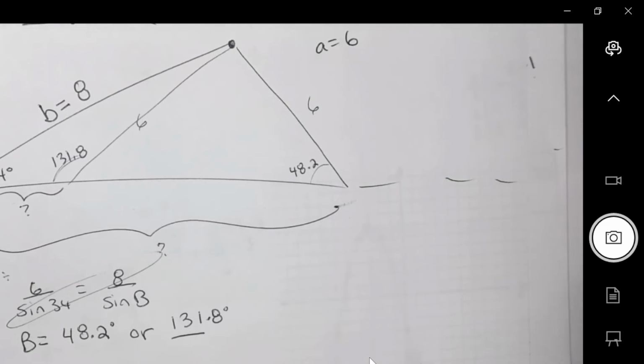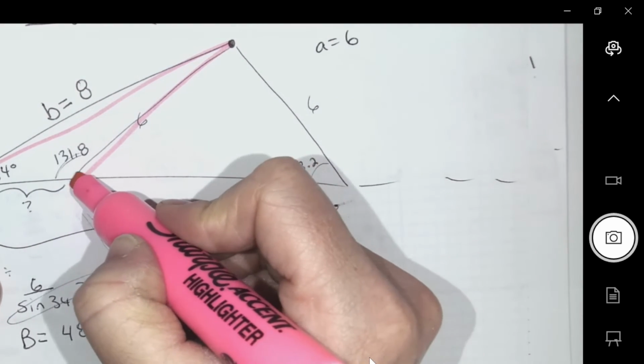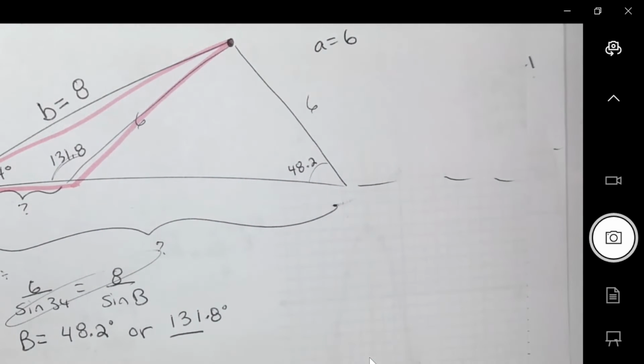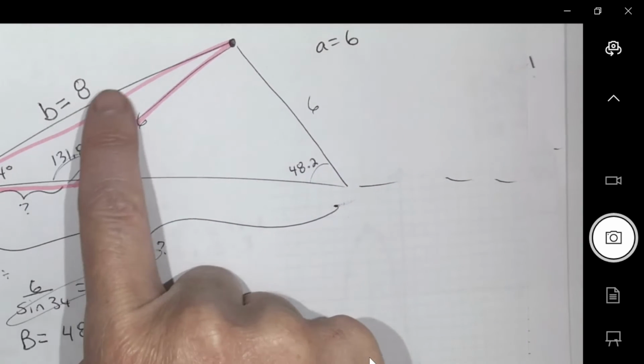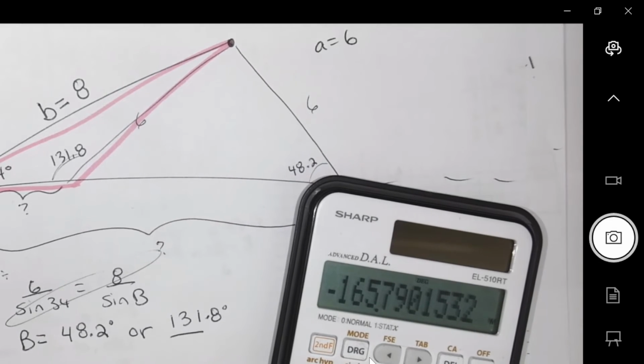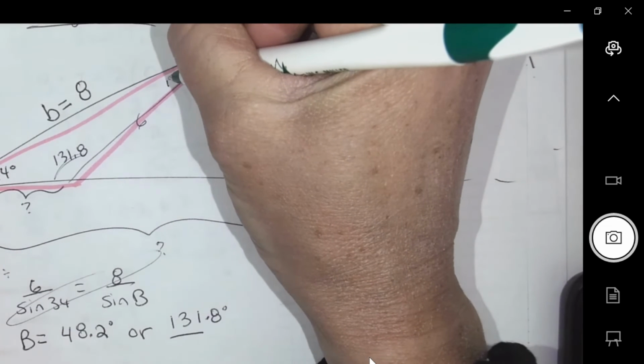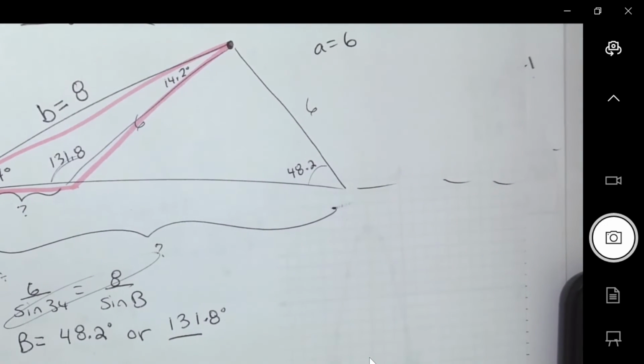Okay, maybe I'm going to color code these. The triangles are sometimes tricky to see here. So 8, 6, and what? I need the top angle in that pink triangle. So I have this angle, and a 14.2 degrees.